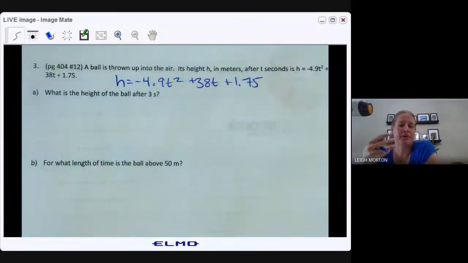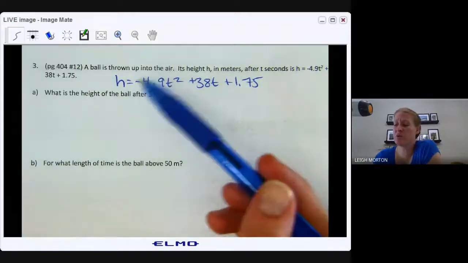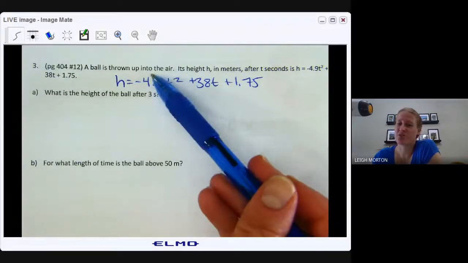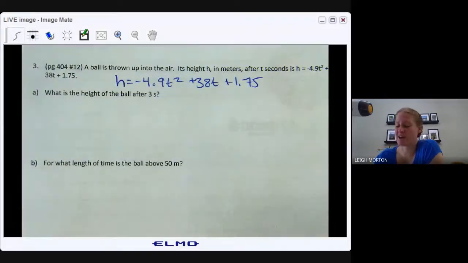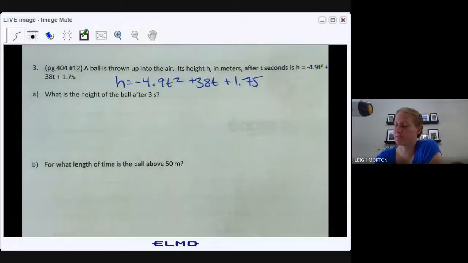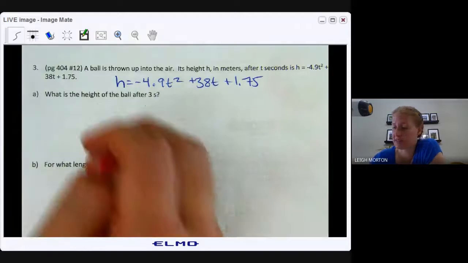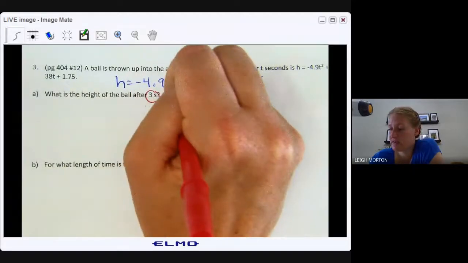And I don't know if you remember, but back when we started looking at some of the word problems I would say, oh, it's always -5, blah, blah, because we're rounding. Well, now that you know the quadratic formula, I'm going to give you the actual physics values. So question A says, what is the height of the ball after 3 seconds? That's when t equals 3.